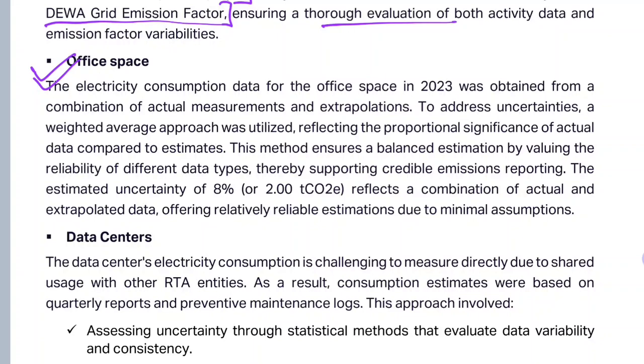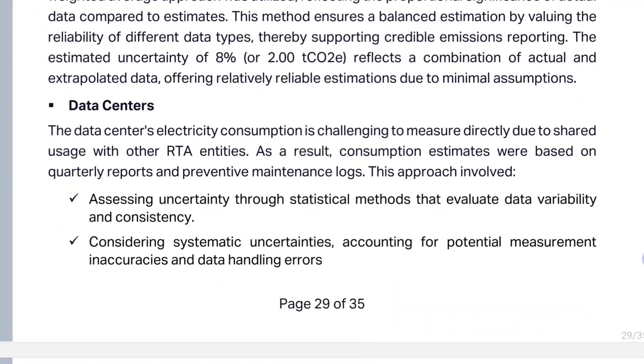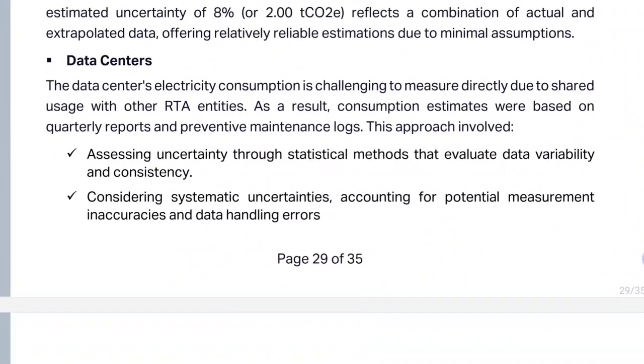Okay, so the estimated uncertainty of 8% reflects a combination of actual and extrapolated data in the office space case. In the data center's case, electricity consumption is challenging to measure directly due to, as we discussed, the shared facility with RTA. As a result, consumption estimates were based on quarterly reports and preventive maintenance logs.